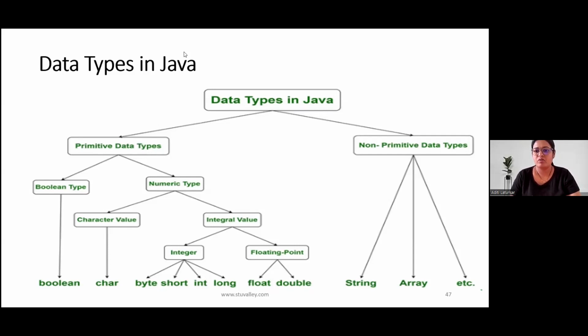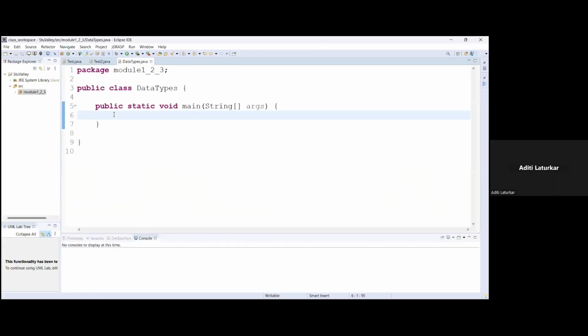Okay, so in the program, we have seen how to create the Boolean data type. The Boolean data type will be created with the help of the boolean keyword. Then the variable name and the value if you want to give anything, or you can simply declare any variable.